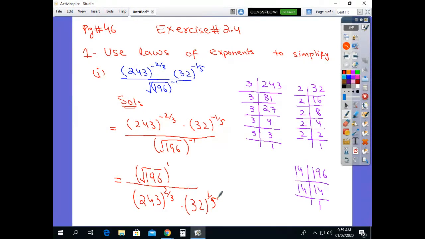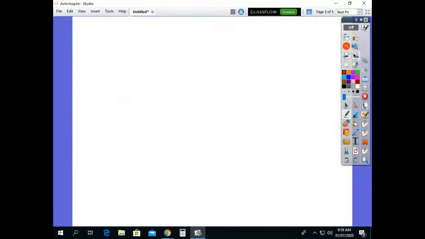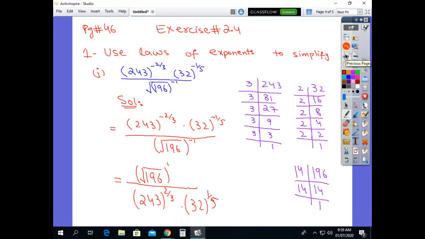Okay. Now we move on to the next page. Here we see that 196 is 14 square and there is a square root on it. Now we see here 243 can be written as 3 into 3 into 3 into 3. If we multiply 3 five times, then it becomes 243.